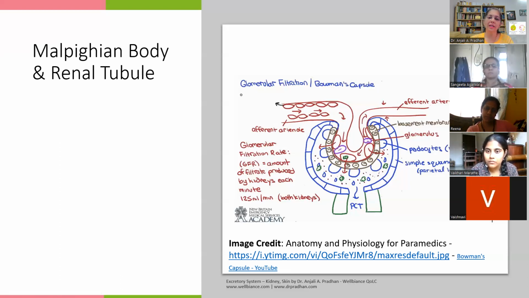As soon as the renal artery enters the kidney, it starts dividing and forms smaller and smaller branches, arterioles.